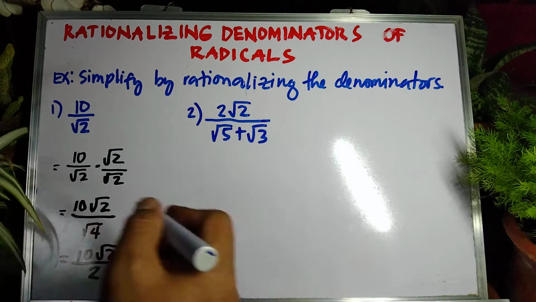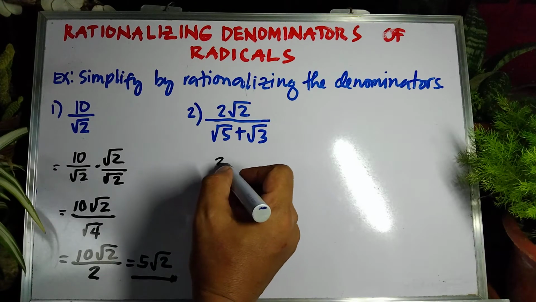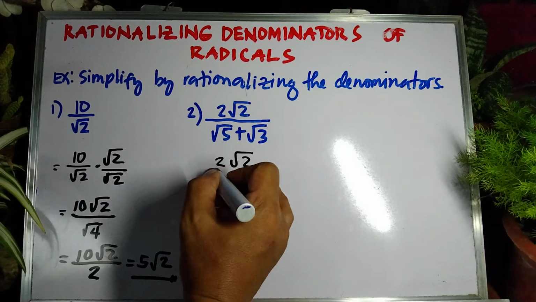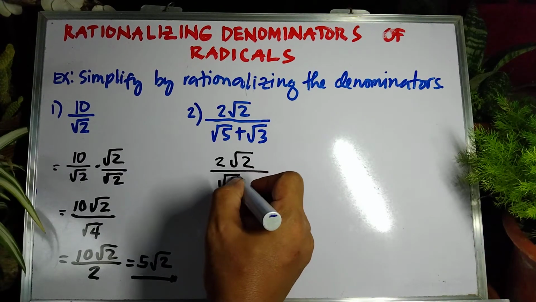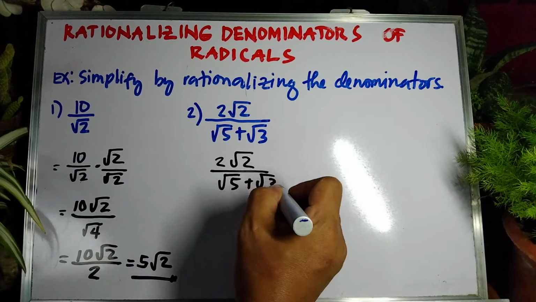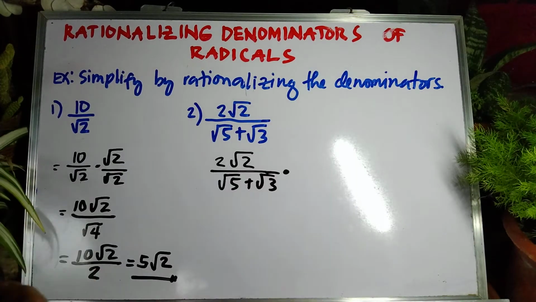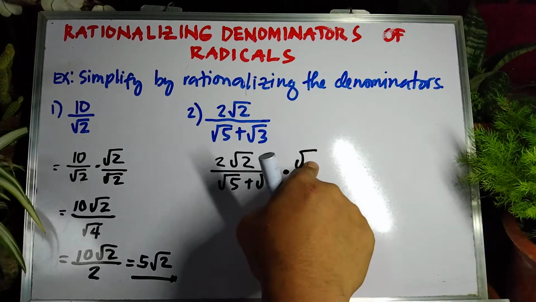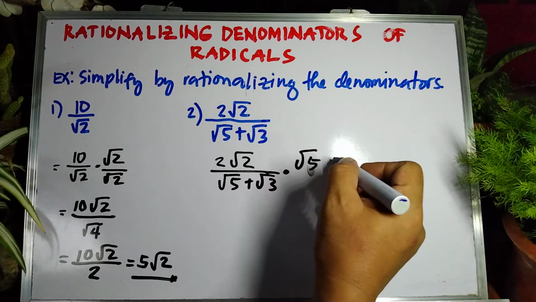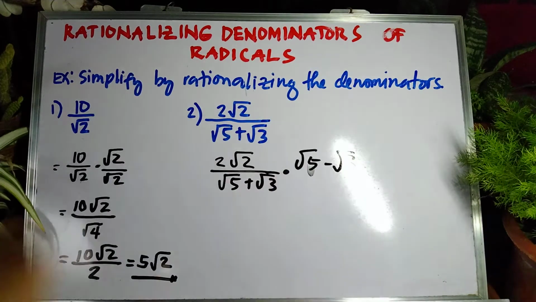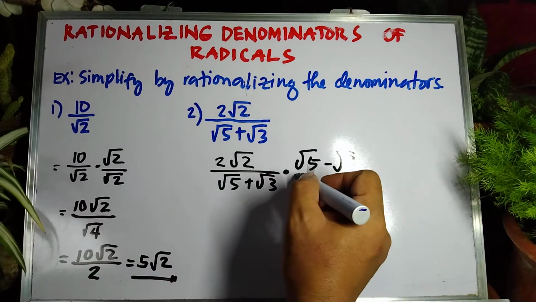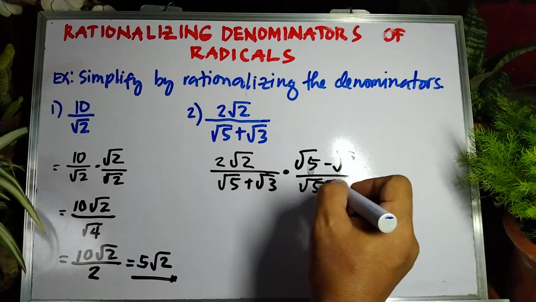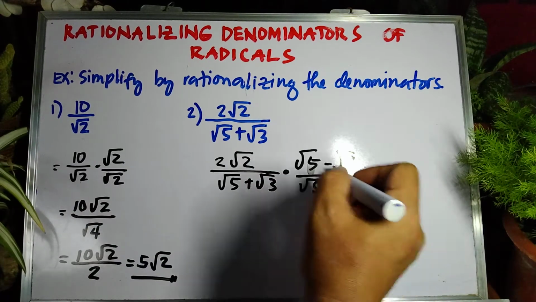Meaning, you copy 2 square root of 2 over square root of 5 plus square root of 3, and you multiply that by its conjugate, so you have square root of 5 minus square root of 3 over square root of 5 minus square root of 3.